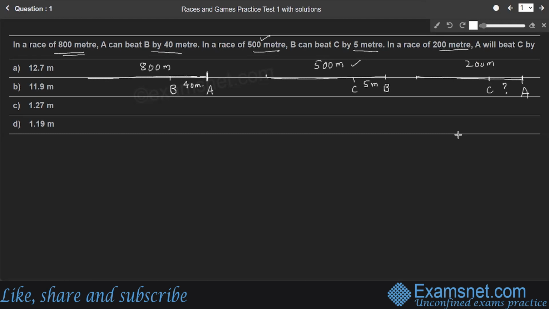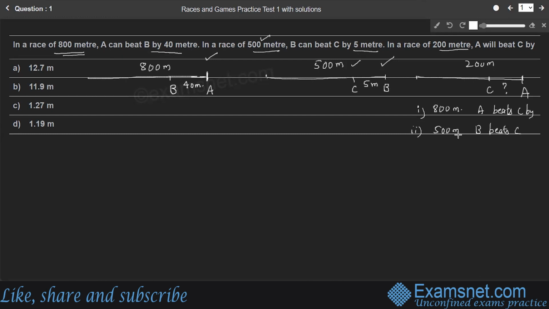For that, first we need to consider in a race of 800 meter, A will beat C by how much. So, the step to be followed is: in an 800 meter race, A beats C by? For that, we need the information of in a race of 500 meter, B beats C by 5 meter.